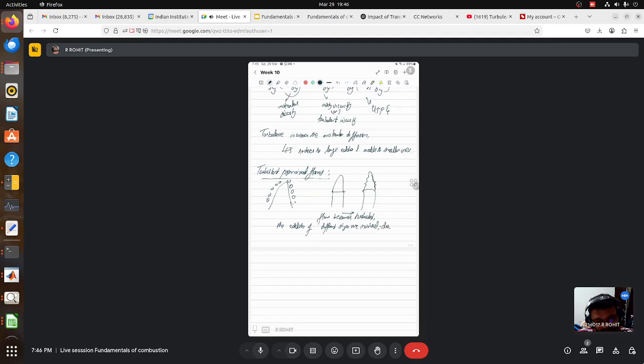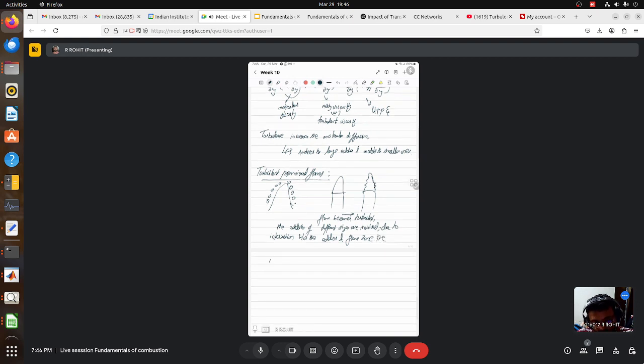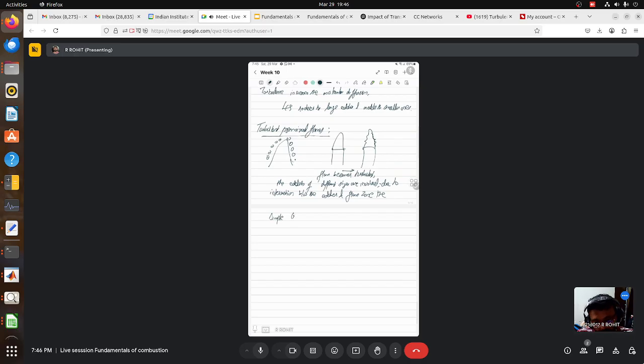This is due to interaction between the eddies and the flame zone. So the simple conical premixed flame becomes convoluted.